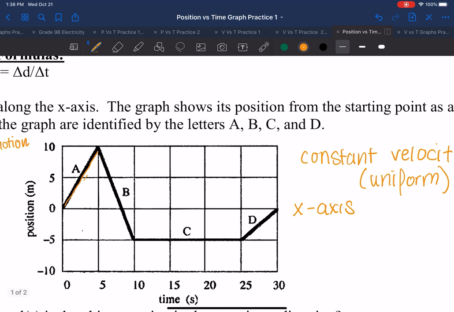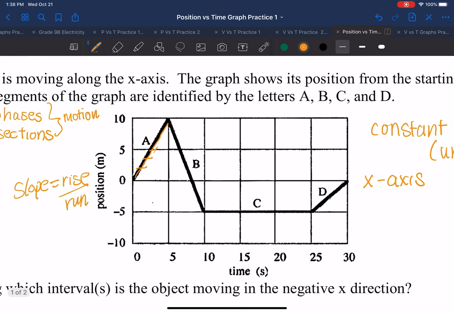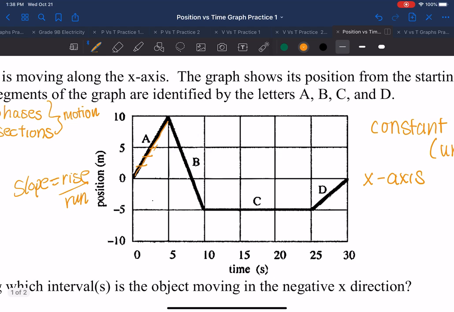It's uniform, meaning that if you take any of these numbers and plug that into that slope equation, rise over run, you're going to get a slope that is the same number at all these points because of that straight diagonal line. And we're gonna get values that are positive because they're going in that positive direction and it's away from the x-axis.